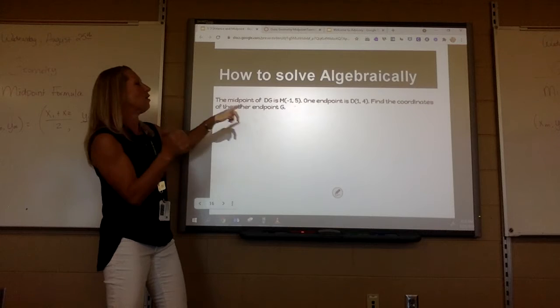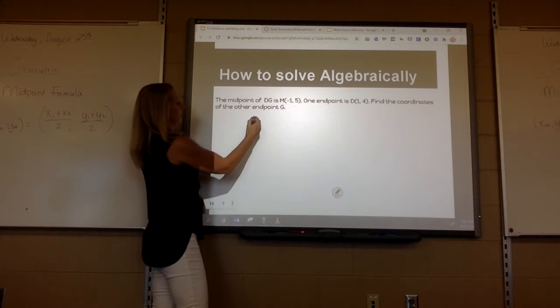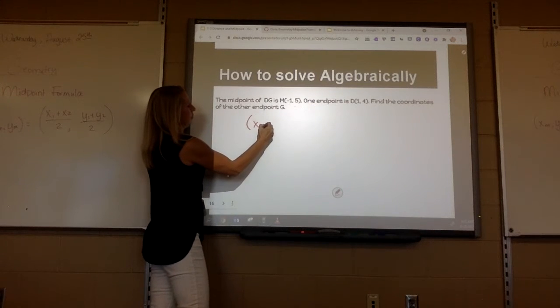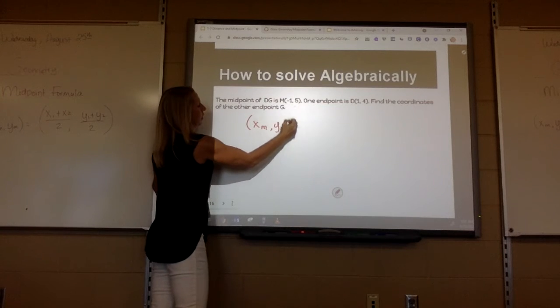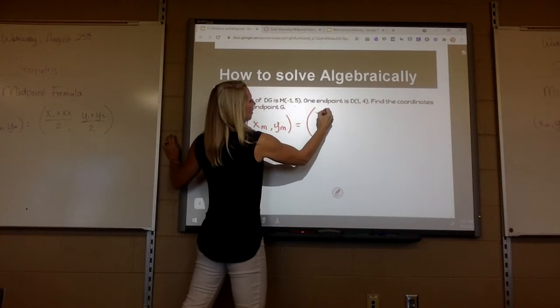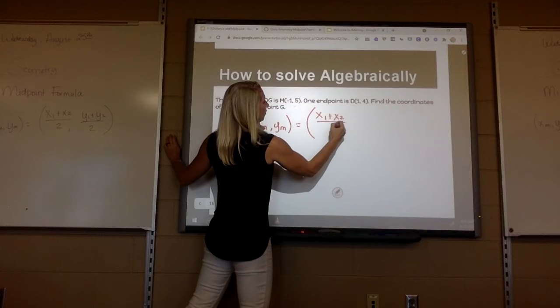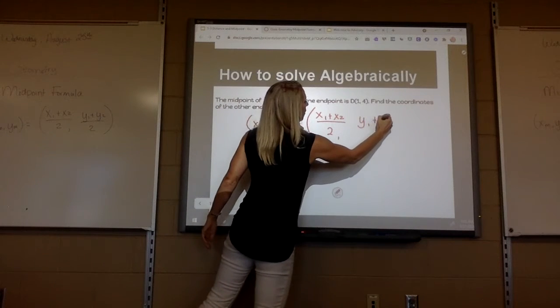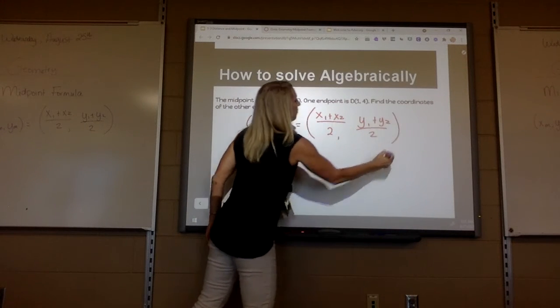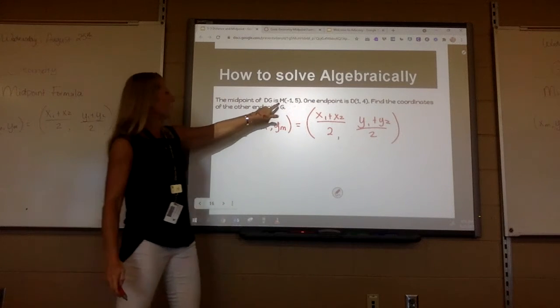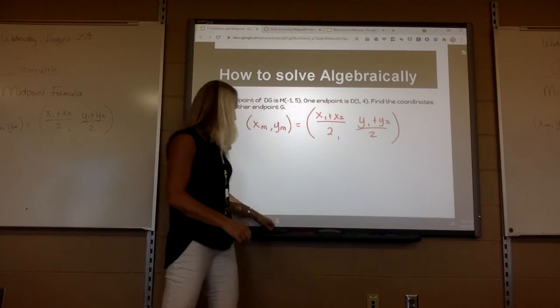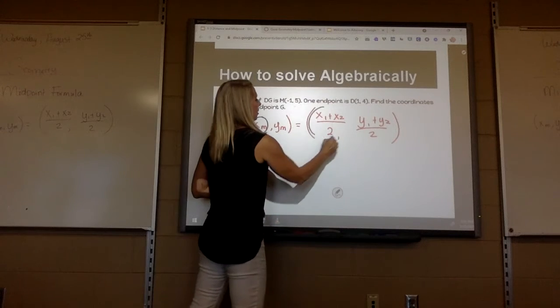Okay, so midpoint formula. So if I have x midpoint, y midpoint, that always equals x1 plus x2 divided by 2, y1 plus y2 divided by 2. So the thing is, we know the midpoint, so I'm only going to start with my x's first.